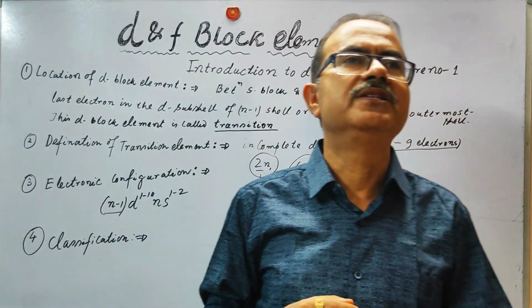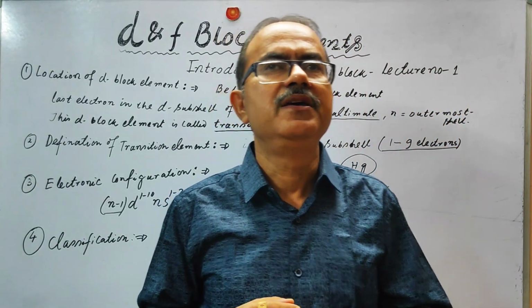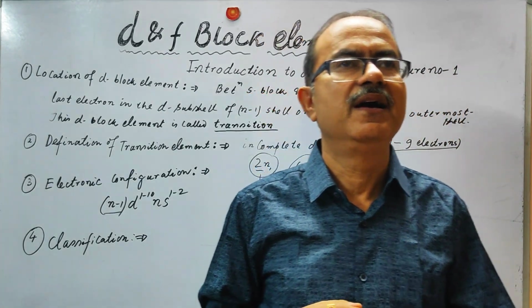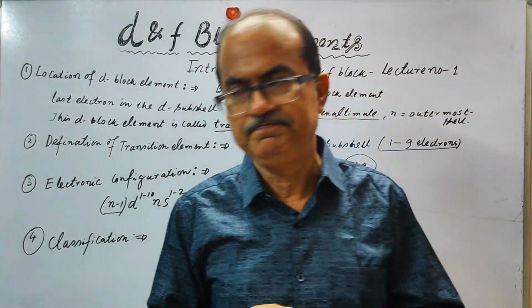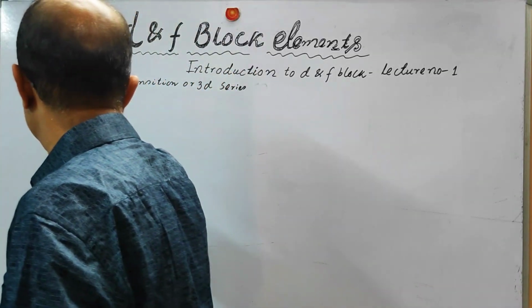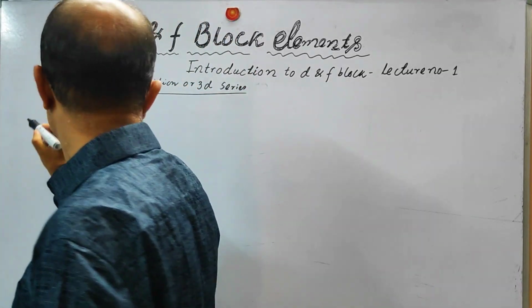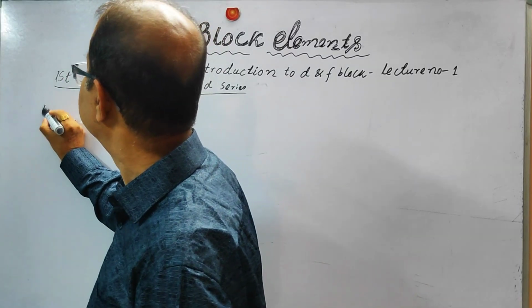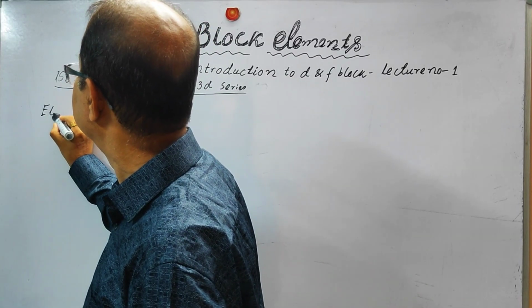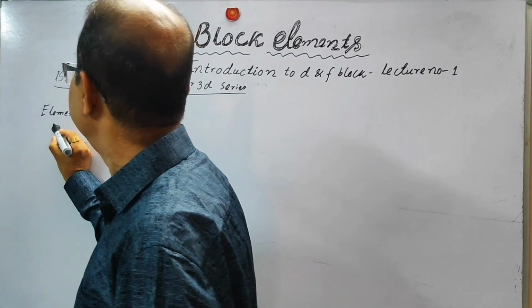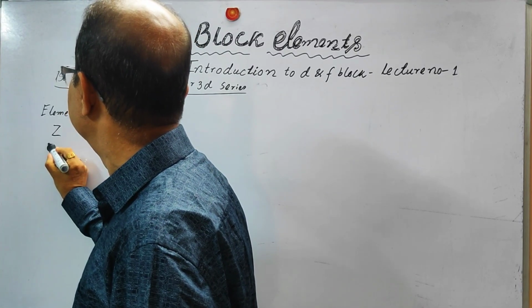And we will now discuss in detail which elements are in each series, with tables. Okay, 3d series. In this case we will take the element and then its atomic number.